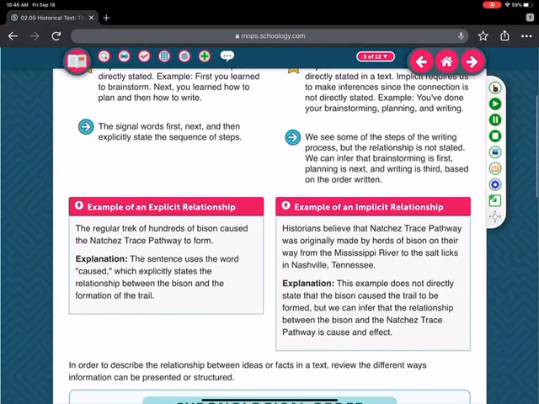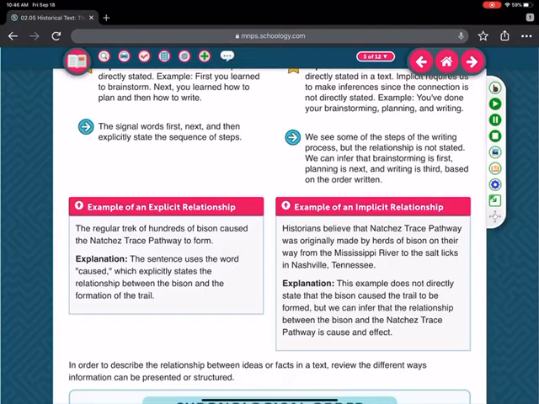Let's look at an example. This example sentence says, historians believe that the Natchez Trace pathway was originally made by herds of bison on their way from the Mississippi River to salt licks in Nashville, Tennessee. So our explanation, this is an implicit relationship because it doesn't state that this is a fact, okay? It says that they believe this could be true.